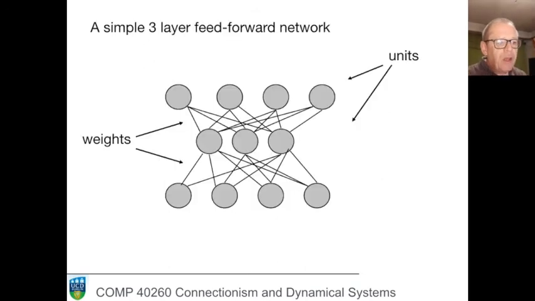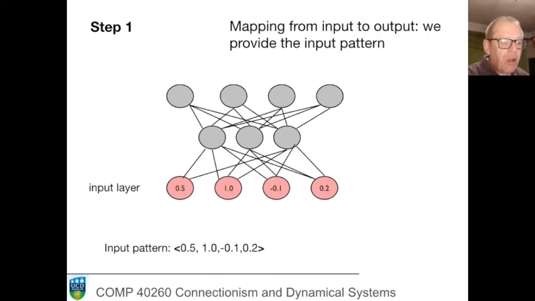So, the modus operandi, the way a feed-forward network works, is like this. I'm showing you here a basic 3-layer feed-forward network architecture with the input layer at the bottom, the output layer at the top, and the weights between the units shown by the lines. In the computation of a single output value for this network, we start by providing some input.